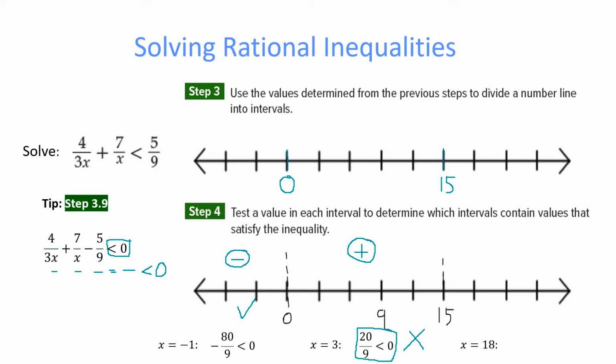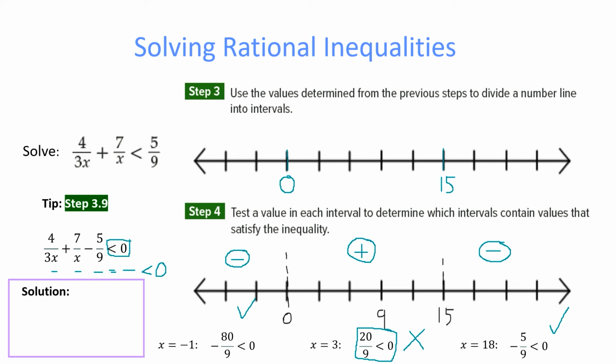So it suggests to me, okay, this is going to be negative. If you do the computation, you'll actually get -5/9 is less than 0, which works. So this is going to be the solution because all numbers from this interval will be less than 0, will be negative.